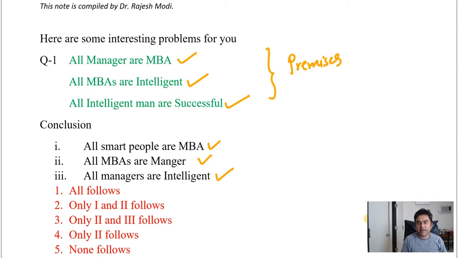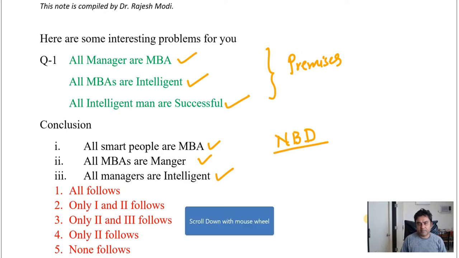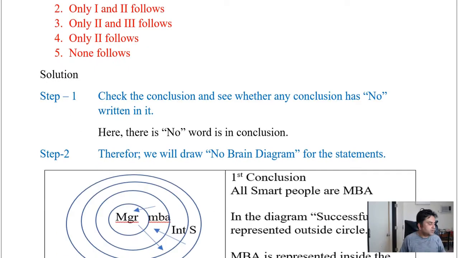All managers are intelligent, this is also affirmative. Means you have to make only one diagram, that is non-brain diagram. No need to make a brain diagram because in the conclusion nowhere is a negative sentence given. So we have checked the conclusion and there is no negative word written in it. Therefore we will draw only non-brain diagram.